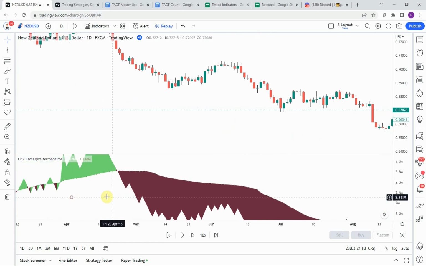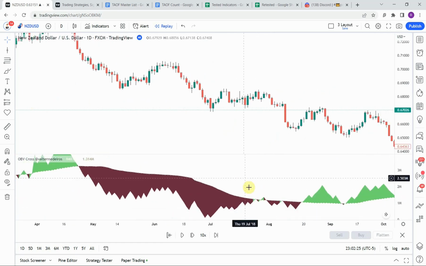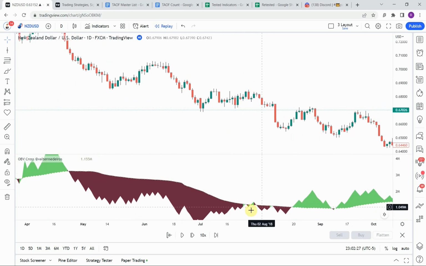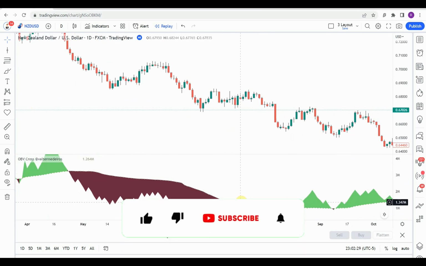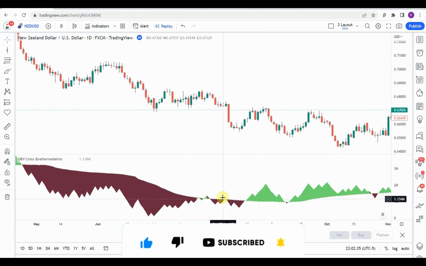This line basically acts as a zero line, more or less. It's not technically a zero line, but we have the pivot around this line.